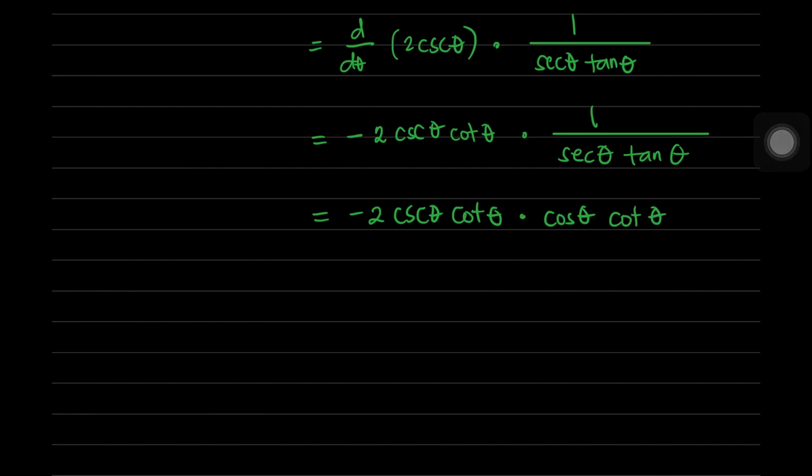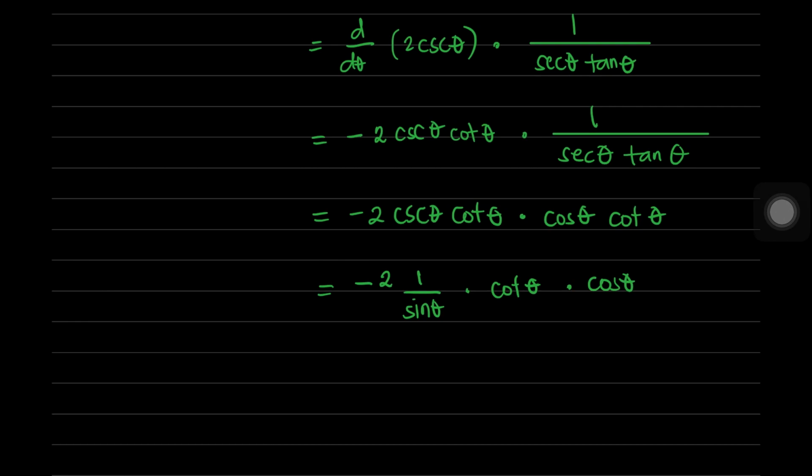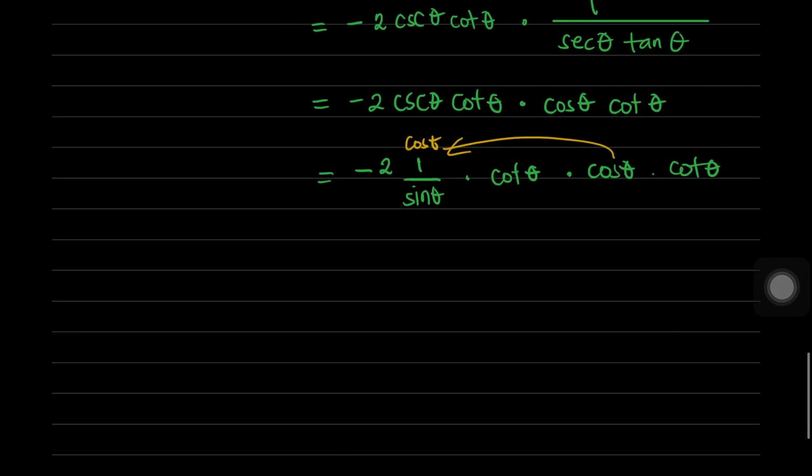So if we're going to convert cosecant into sine, this is now negative 2, 1 over sine theta, multiplied by cotangent of theta, multiplied by cosine of theta, multiplied by cotangent of theta. Since the operation is multiplication, we can put cosine in here, cosine theta, and then cosine of theta over sine theta is cotangent of theta.